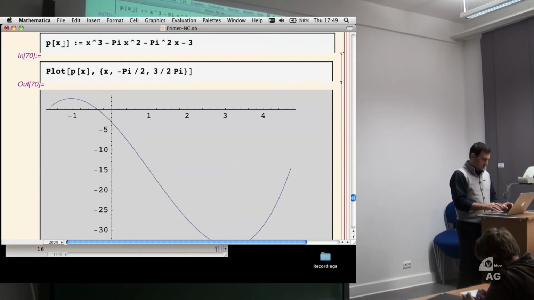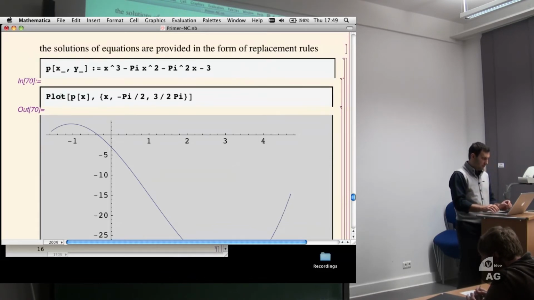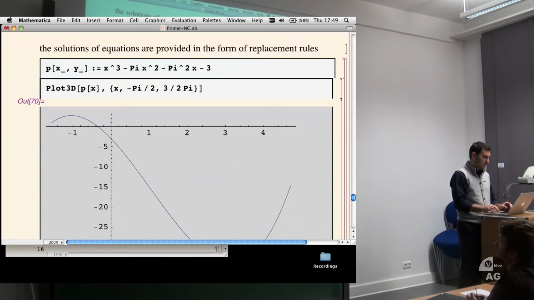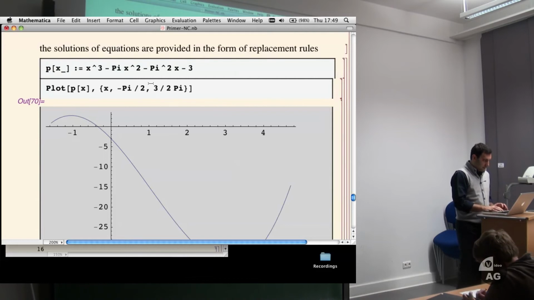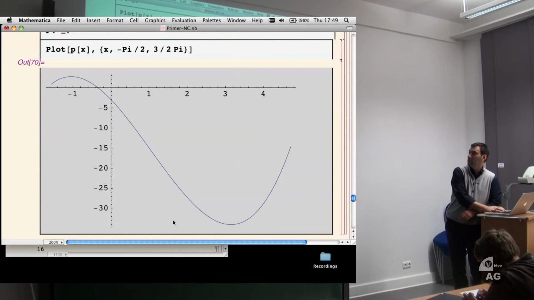By the way, it also works for 2D functions. Now we would have Plot3D. We would bind it to both of them, and we would have two iterators, so two intervals.